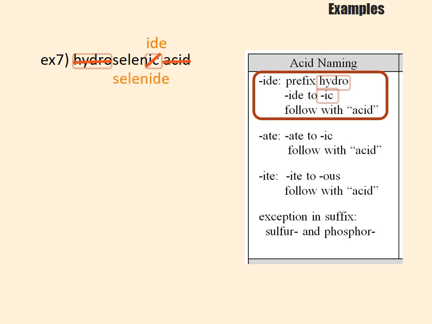So I look up selenide on the negative ions list, and I find Se with a 2- charge. Since I have a 2- charge, I need to place 2 H pluses before the selenide to balance the formula. So hydroselenic acid is then H2Se.